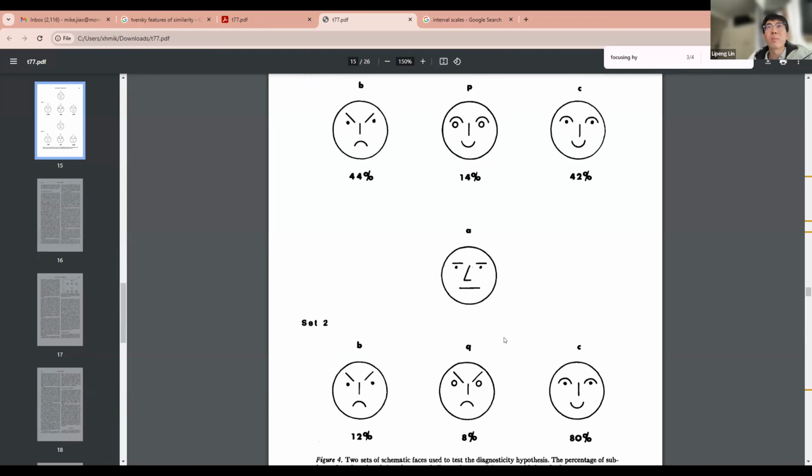I have a comment. Are we entering the discussion section, right? Yes. At the beginning of this paper, Tversky says that the representation of an object as a collection of features is viewed as a product of a prior process of extraction. But recently I read a paper criticizing similarity rating.